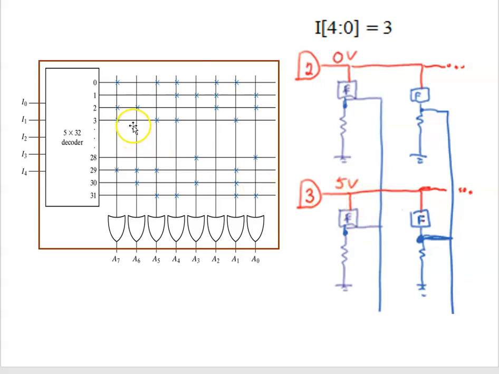The next fuse is open. So since that's open, it'll be connected to 0 volts even though address space 3 is selected. At address space 2, both of these fuses are intact, but we have 0 volts connected on both sides of the fuse, so we end up with a 0 as the input to the OR gate.